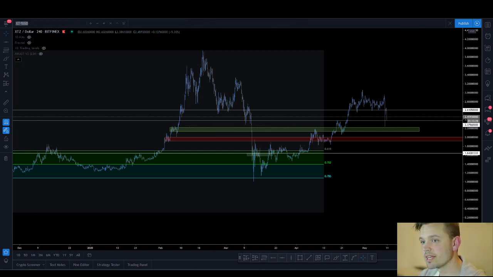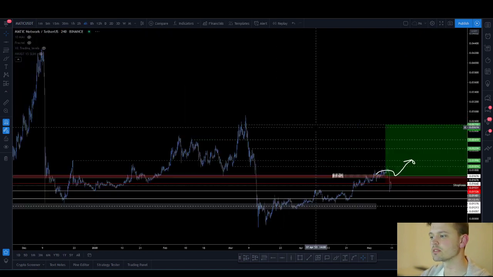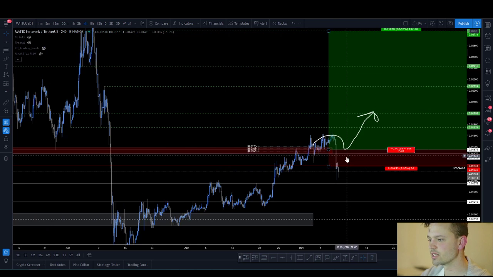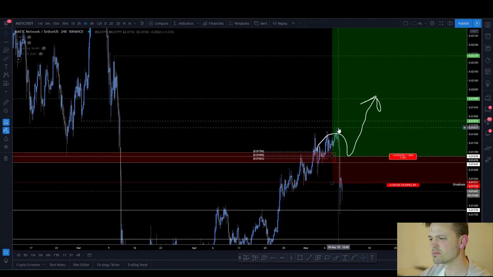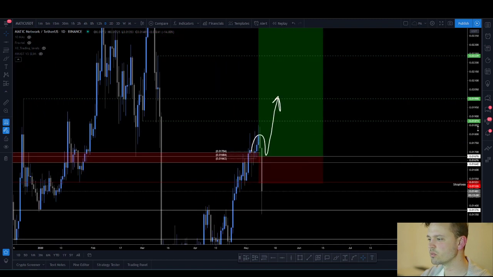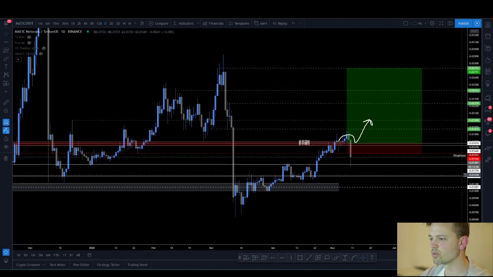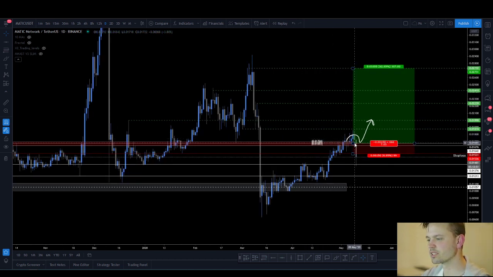I was in a Matic trade, and I'm going to show you that one. Obviously, this one did not turn out great, but I want to show you this one anyway. I think the stop loss level was valid. We did move even lower, and I think this is going lower. The whole day, I just barely missed my take profit one on this one. But you lose some, you win some, right? I think this was definitely a trade worth taking, because I had a short open on Bitcoin, so I did expect Bitcoin to drop.